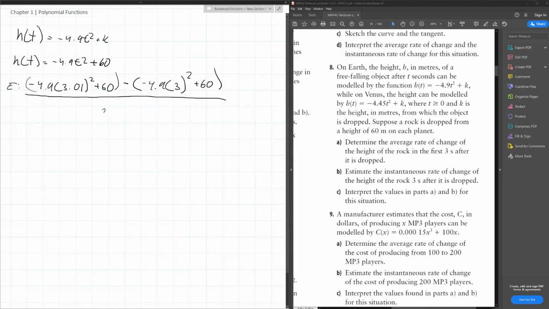So t2 is 3.01 and this is minus 3. This would give us an approximate number of negative 2.945. That is around what it would be.